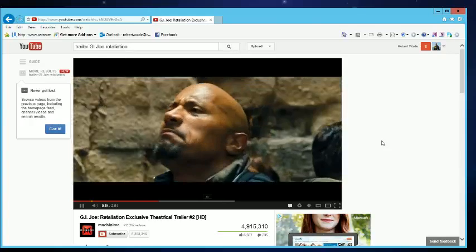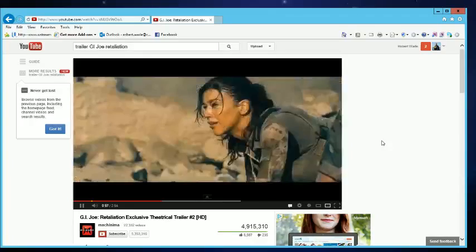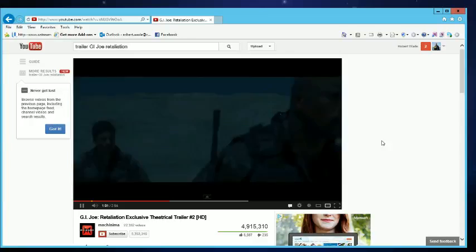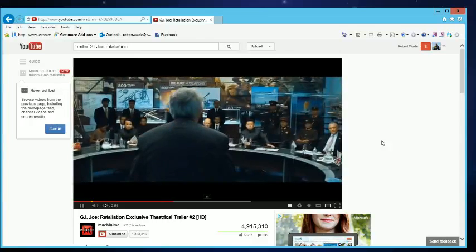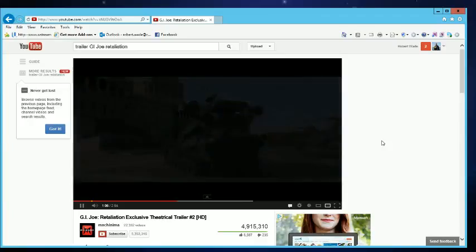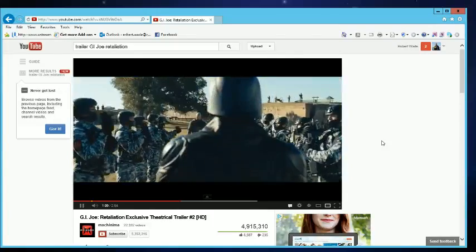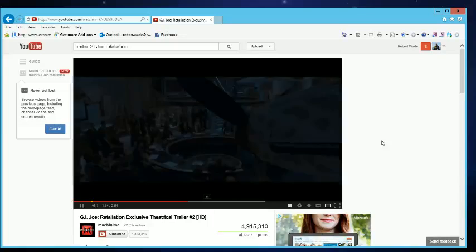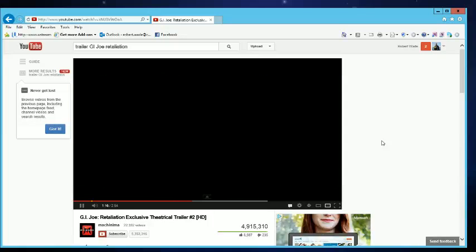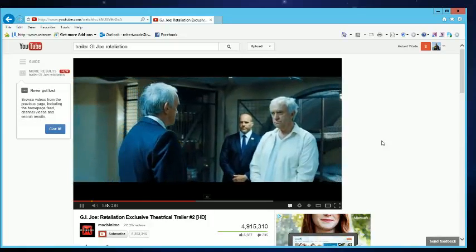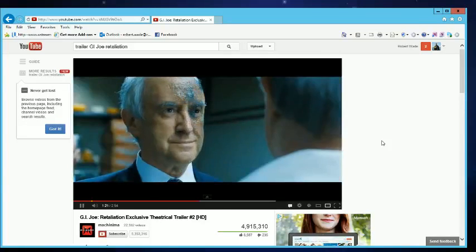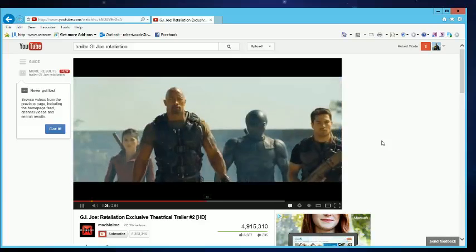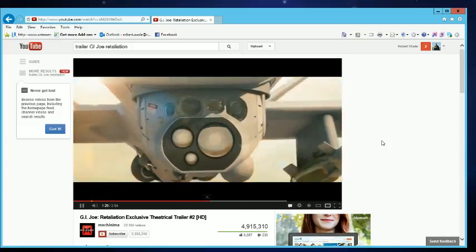Only one man could authorize a strike like that. And I voted for him. My fellow world leaders, this new Special Forces unit, codenamed Cobra, will protect us where the Joes could not. The G.I. Joes are no more. What if the president isn't the president? You're insane. Our government has been infiltrated. Any and all traces of our existence is terminated. We have to assume that there's no one.